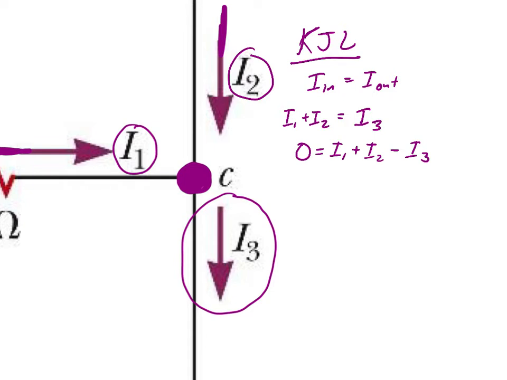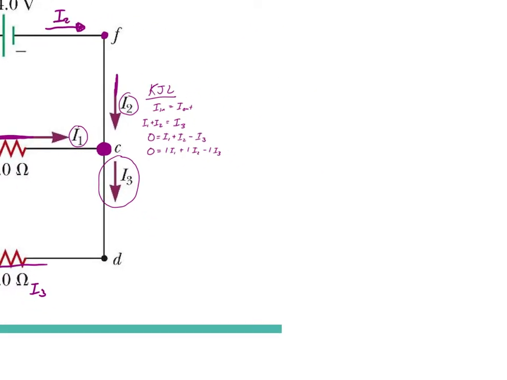And in front of every single one of those, I'm going to put a 1, because you can always multiply by 1. 1 I1 plus 1 I2 minus 1 I3. That's our first equation, and it comes from Kirchhoff's junction law.